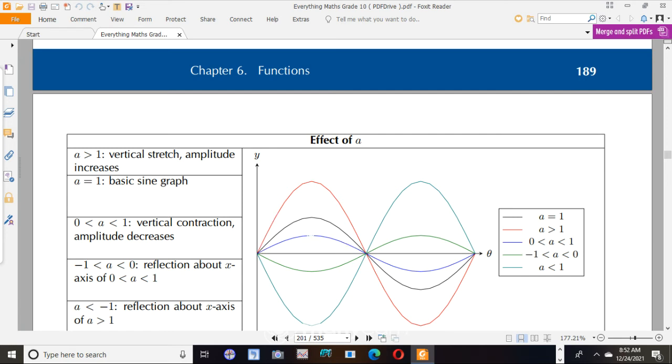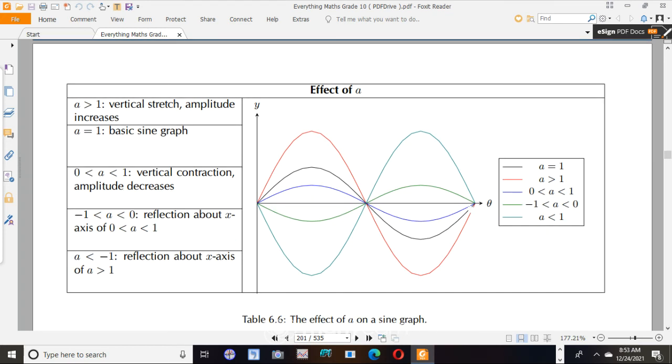When 0 is less than a less than 1, it decreases its amplitude. So this will be like this one again, the waveform. So it affects different amplitude. You can get different amplitude for different values of a in general.